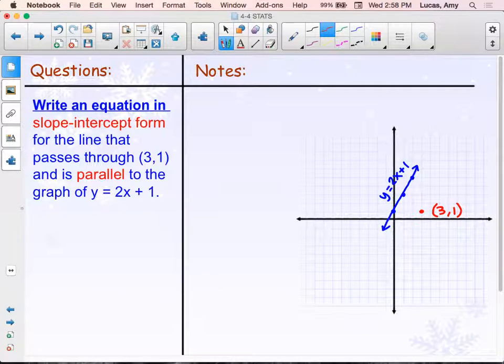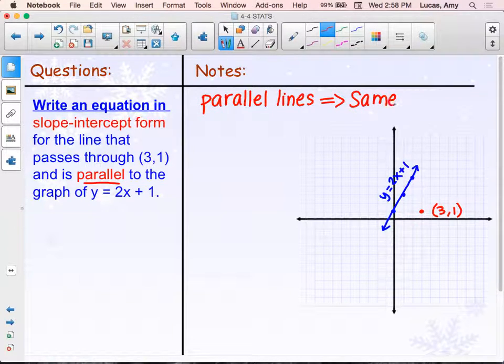And my new line has to be parallel to the original. Well, we learned that parallel lines have the same slope. So my new line has to have the same slope as the original line. So that means that the slope is going to stay 2.